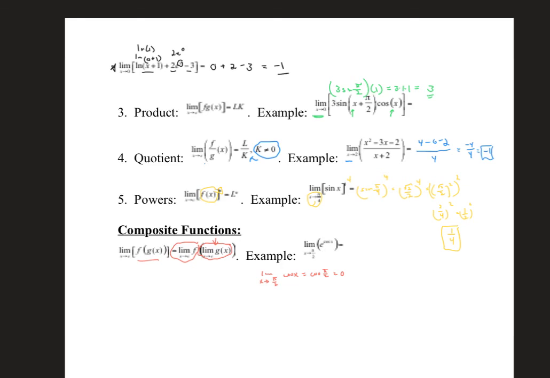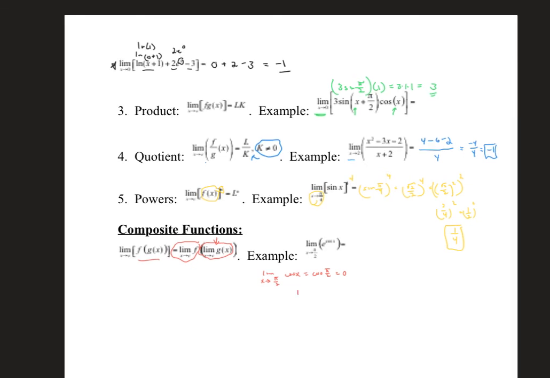So that then makes us take the limit as x goes to pi over 2 of e to the 0. But e to the 0 is just 1, so no matter what x does there, that is just going to be 1. All right, very good.